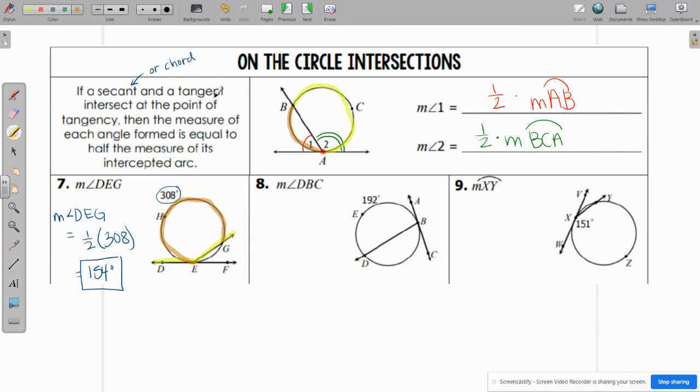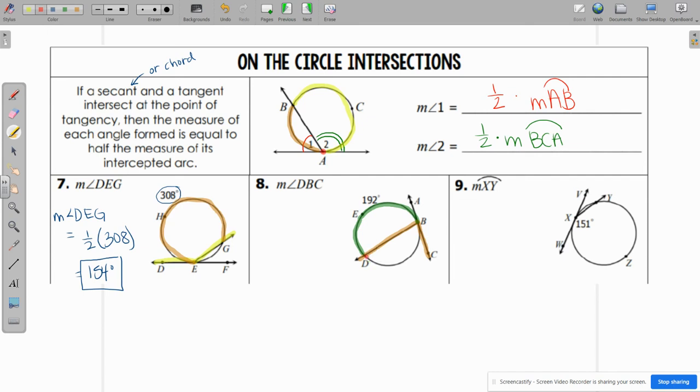The next problem, we're looking for the measure of angle DBC. So angle DBC is this angle right here. Well, I was given the measure of arc BED. So that measure is corresponding only to this arc here that I'm highlighting in green.